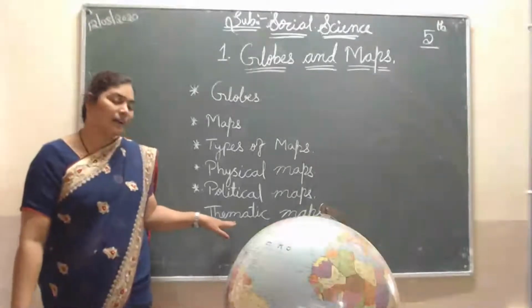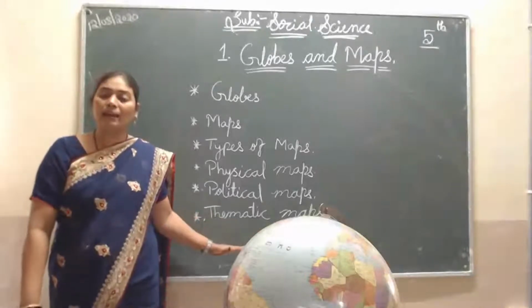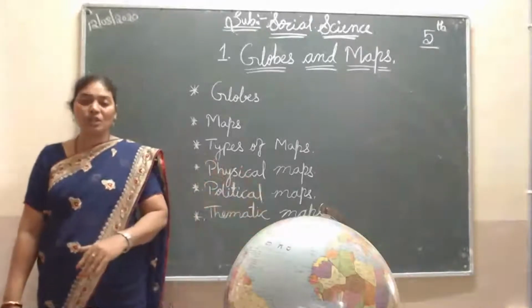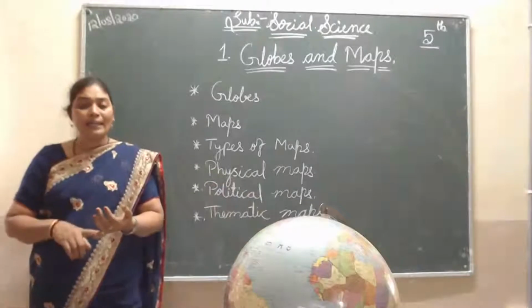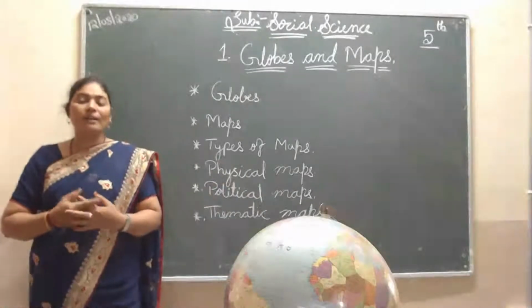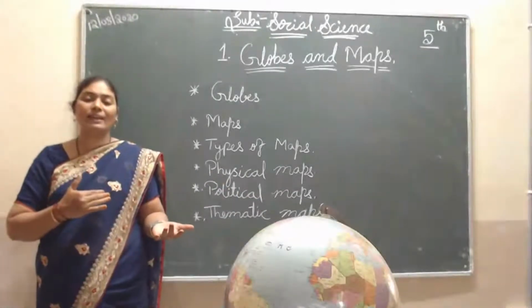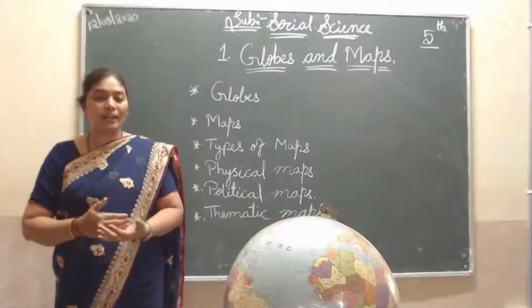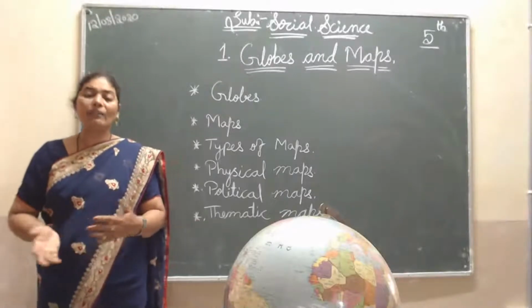If you are taking the thematic map, in that map they are giving the information of only rains and natural vegetation. Rain means how much rain we are receiving in our place, our country, our state, or our continent.